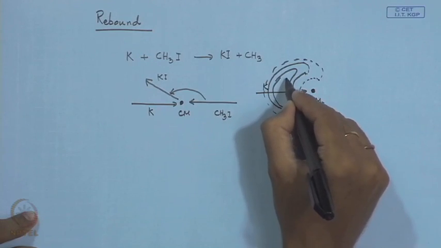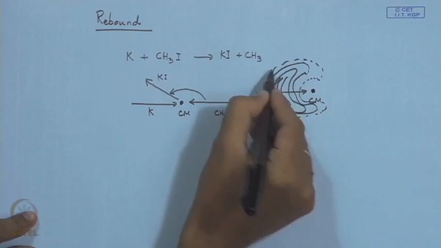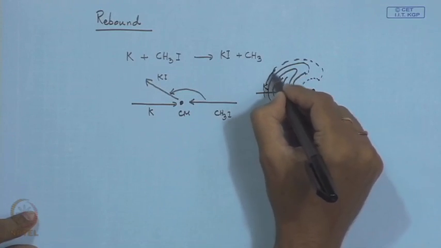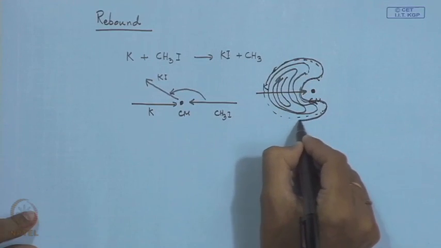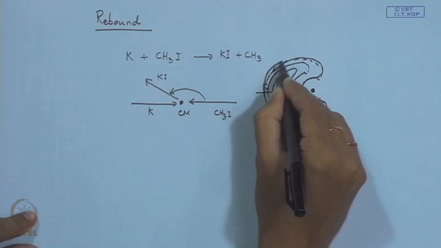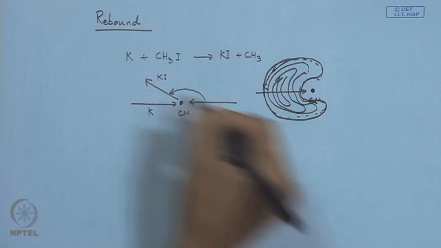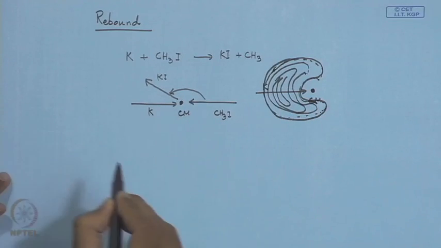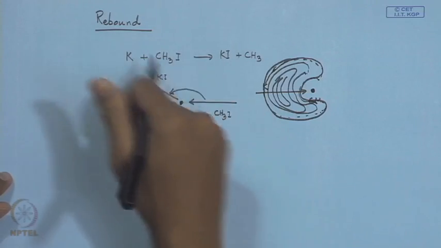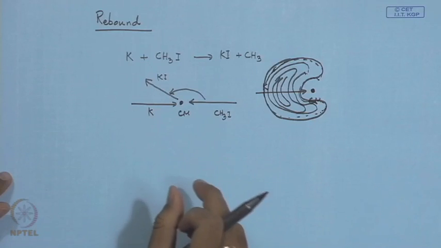So it is mostly on this side. If you detect KI, then it will be mostly on this side. So it is a back scattered product, a rebound. That means your product gets rebounded this way, as per this figure. Therefore the contour shows that the probability is more over here.